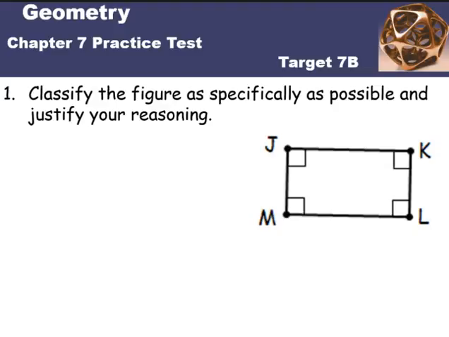Okay, so for problem number 1, it's asking us to classify this figure as specifically as possible and to justify your reasoning. So you have the quadrilateral family tree. You should be looking at that. So which of the quadrilaterals has 4 90-degree angles?